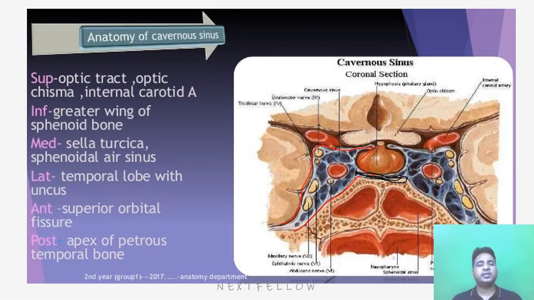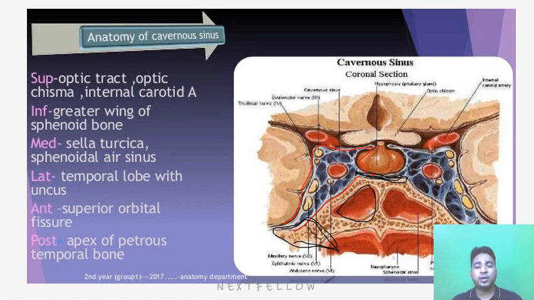So let's understand the anatomy or the boundaries of the cavernous sinus. This sinus lies in the skull, just above the sphenoid bone. Inferiorly, the cavernous sinus is bounded by the greater wing of sphenoid. Medially, there lies the sphenoid sinus, that is the sinus present in the sphenoid bone.